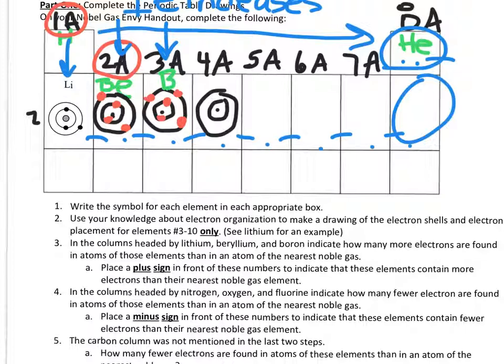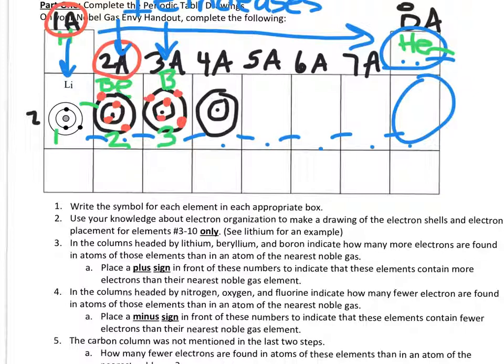So whatever makes the lowest number of jumps, that's the noble gas you're going to go towards. So lithium is 1 jump away. So we're going to place a 1 here, just in the bottom of the box. Beryllium is 2 jumps away, 1, 2 back to helium, so we're going to put a 2 in that box. Boron is 3 boxes away, so we'll put a 3 in that box.